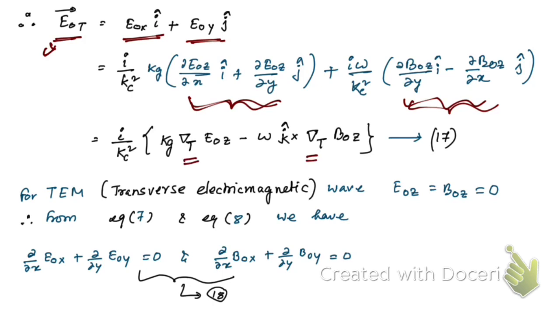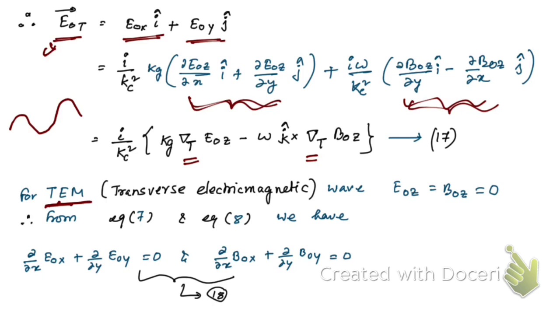Then we will get the 4 transverse electromagnetic wave. Transverse electromagnetic wave, that means this kind of wave.